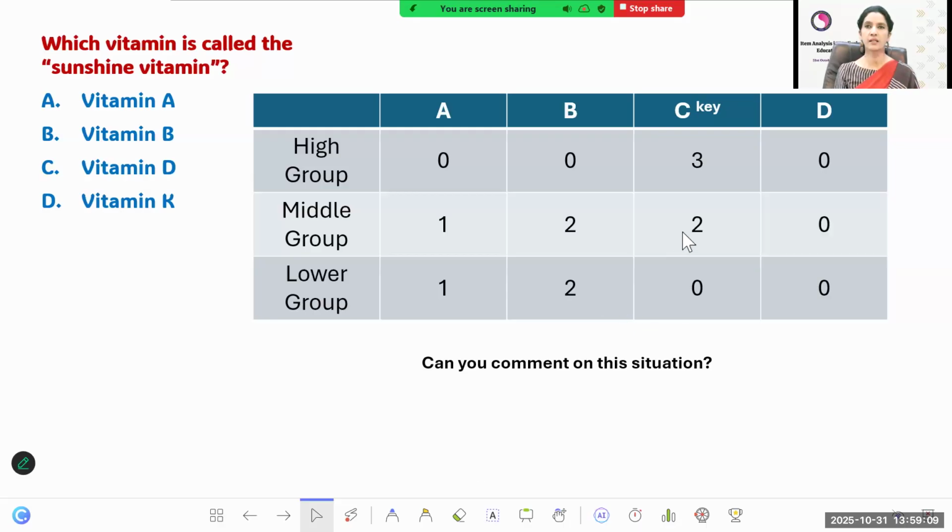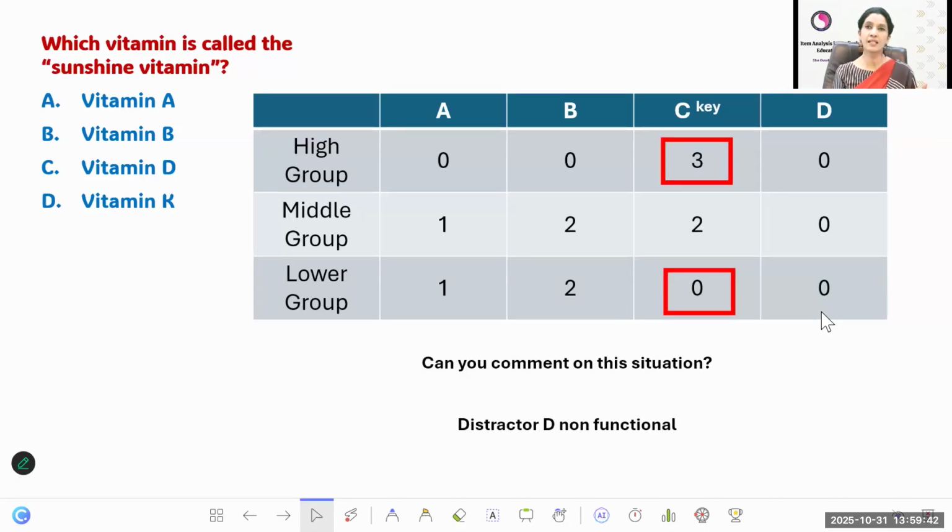Now you see the second scenario. In this case, the key has been marked by the high performing students, all three of them. And the lower group has marked 0. But in this case, if you see distractor D, it has not been chosen by any of the low group. That means this distractor is not qualifying as a very good distractor because it is not attracting any of the weaker students.